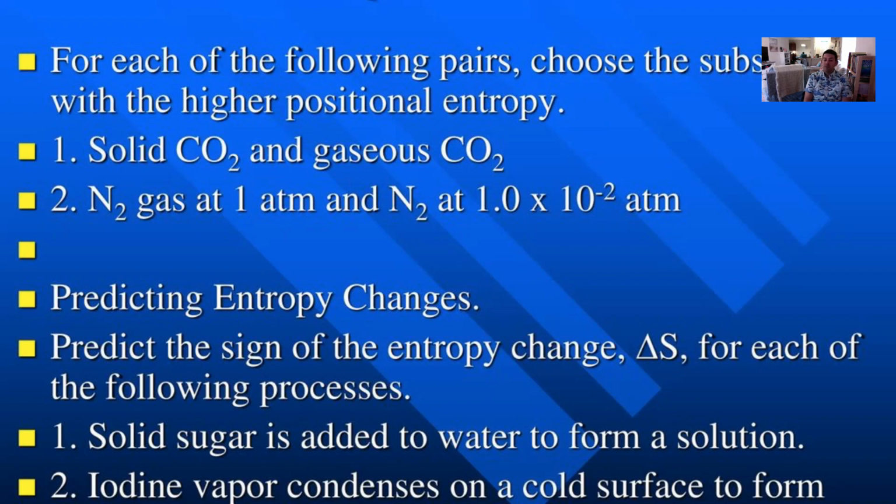Its final form is a solution where it has dissolved and all of those sugar molecules are spread out. They are taking up way more positions now. So the solid sugar being added to water to form a solution, that is going to have a positive delta S. There has been an increase in entropy. Again, an increase in the randomness. Those sugar molecules are all throughout the solution now.